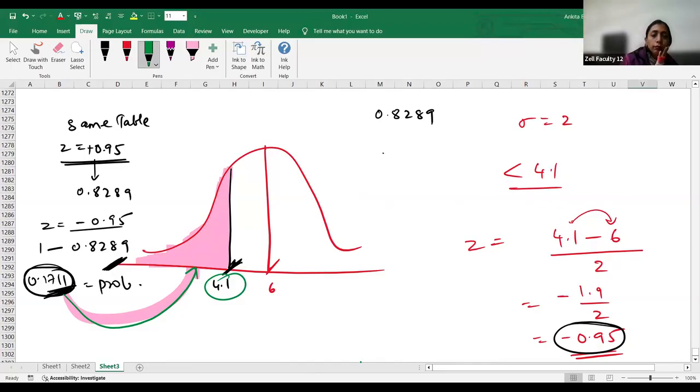See, Z is 0.95 and Z is minus 0.95. So we are talking about a Z table which is symmetric in nature.